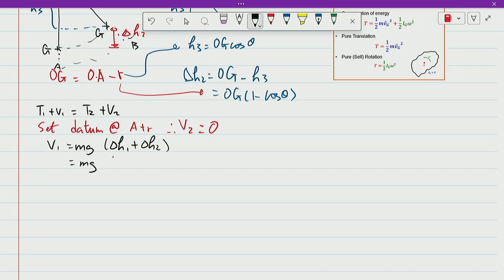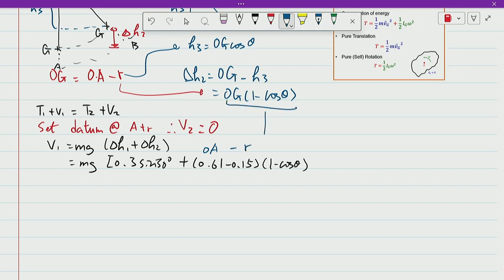It's going to become mg times 0.3 sine 30 degrees plus 0.61 minus 0.15, times 1 minus cosine theta. This is basically OA minus R. Then close the bracket, which should give you 189 joules.